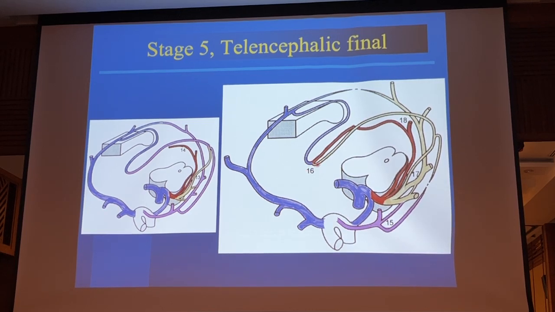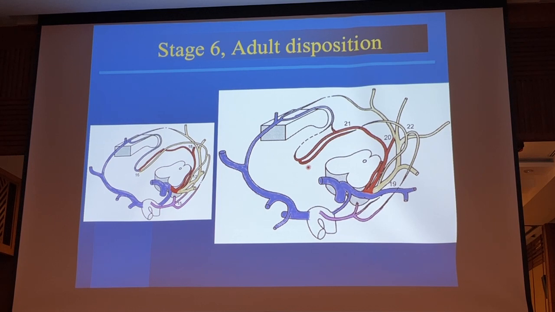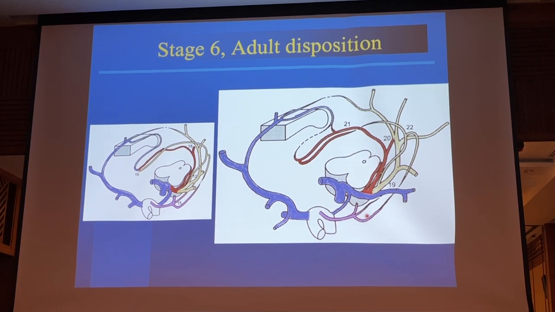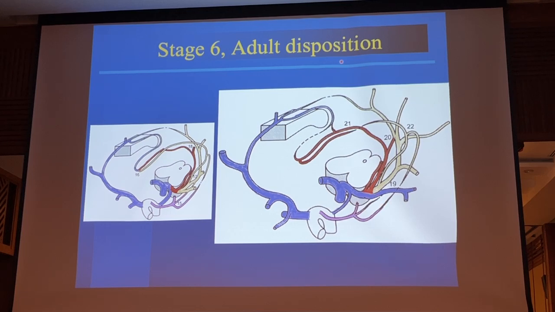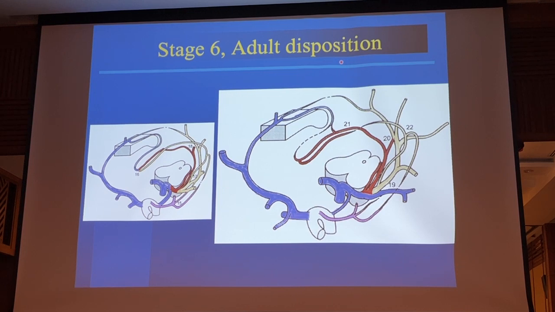This is where the anastomosis happens. And then we have the adult type, in which the anterior choroidal artery becomes limited to the basal ganglia and some portion of the temporal lobe supply, and the lateral posterior choroidal artery has more choroid and telencephalic supplies.